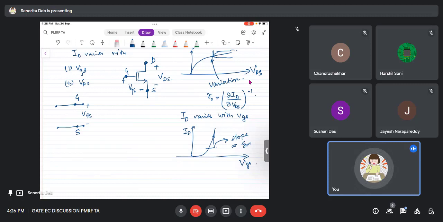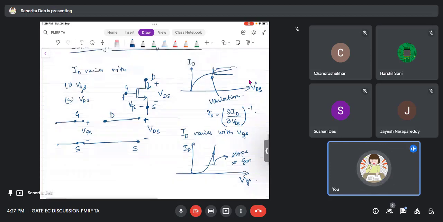And then we are going to model the current ID which is flowing at the output, drain to source, right? So this is the drain terminal, which is not connected to the gate in any way. You can see in the symbol, right? But the source can be extended like this, because this entire thing is the source path. Okay. So now this is the drain to source voltage, VDS.